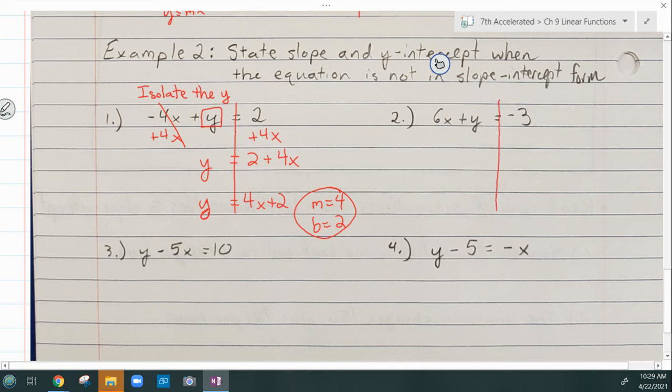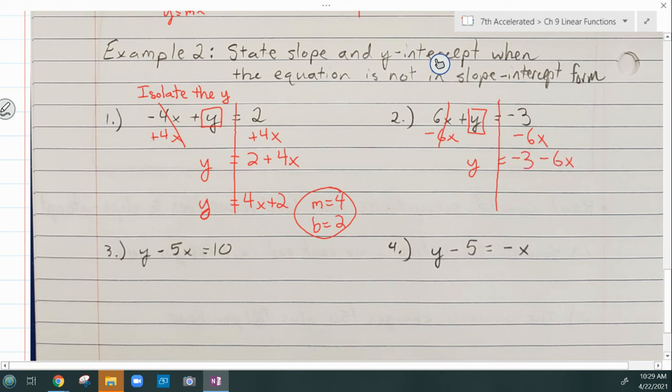Okay, try this one on your own, pause it, and then go for it. All right, here we go. We have y. We have to isolate that y, right? We have to get it by itself. So we're going to subtract the term over here, minus 6x. We get y equals negative 3 minus 6x.